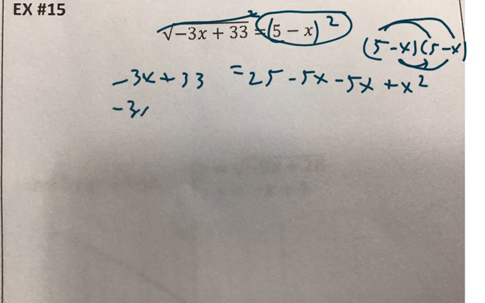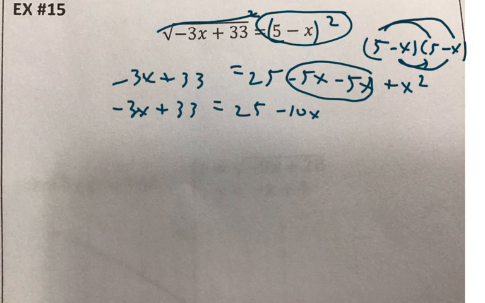So I have negative 3x plus 33 equal 25 minus 10x plus x squared. I can put my x's together. I have a quadratic, which means I have to get everything together equal to 0 and use either the quadratic formula or factoring.